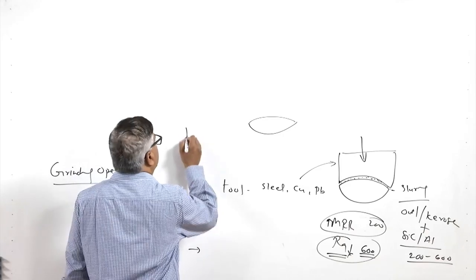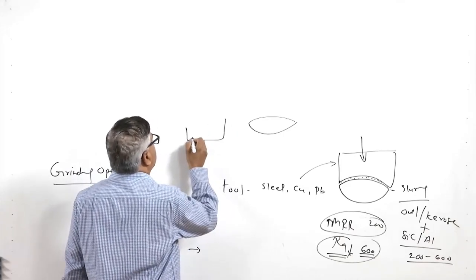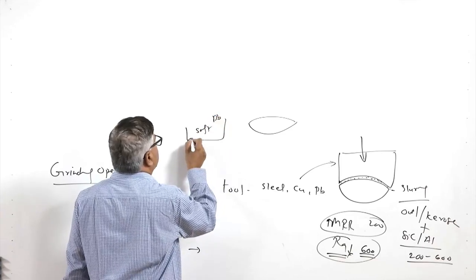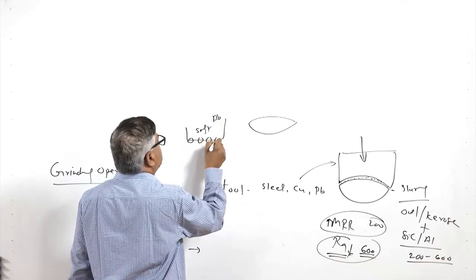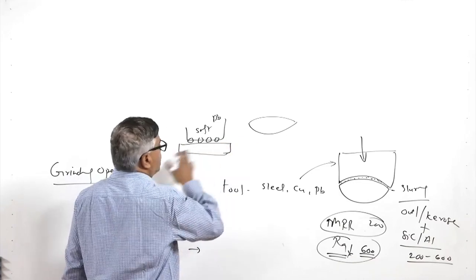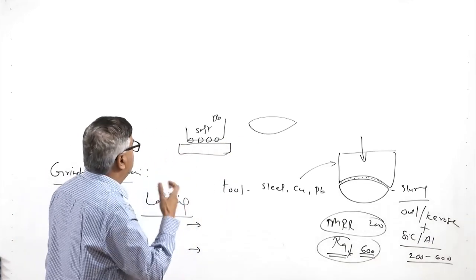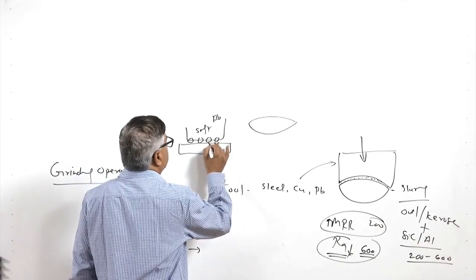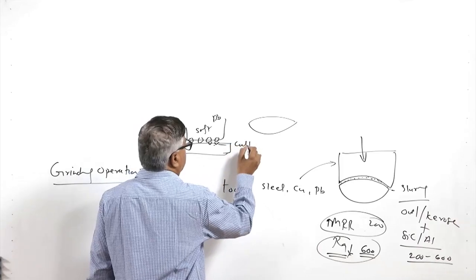One is that when the tool is soft like lead, abrasives get embedded in the tool. So, when the tool is rubbed on the surface of the workpiece, they remove the material by cutting.